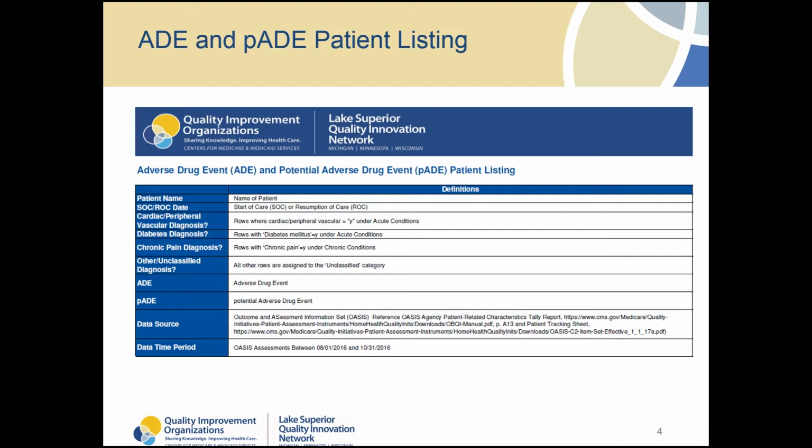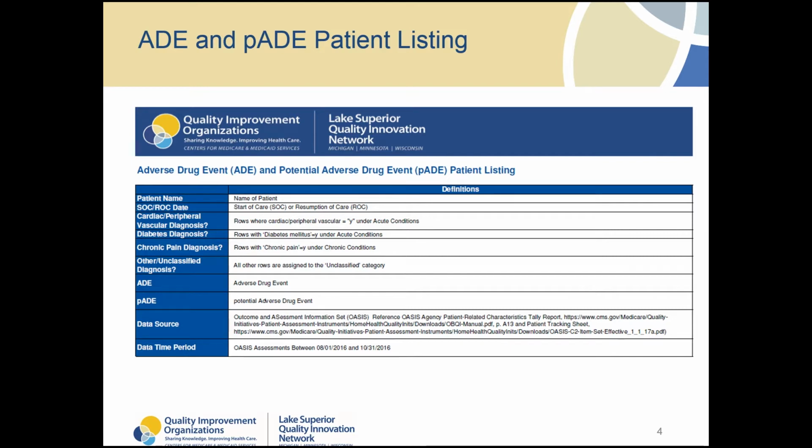First, there's the patient name, the start of care or resumption of care date, whether this patient has a cardiac peripheral vascular disease diagnosis, where cardiac peripheral vascular equals Y under acute conditions, diabetes diagnosis, where rows with diabetes mellitus equals Y under acute conditions, or chronic pain diagnosis, where rows with chronic pain equals Y under chronic conditions. Other unclassified diagnosis includes all of the rows assigned to the unclassified category.